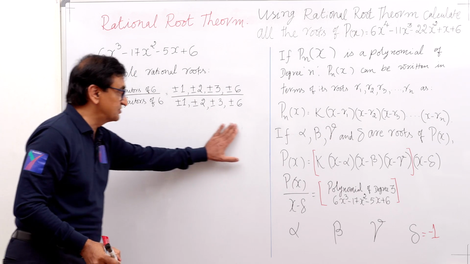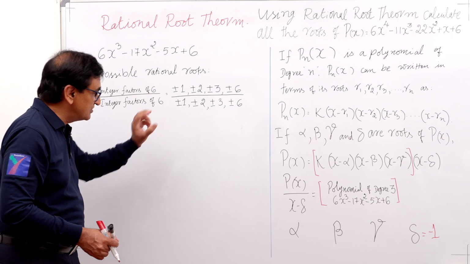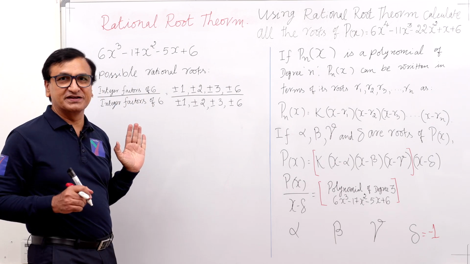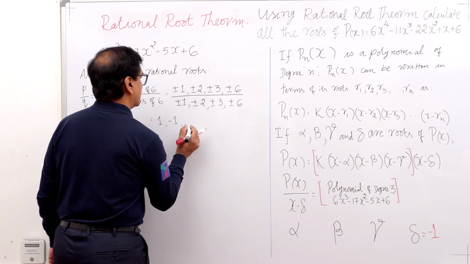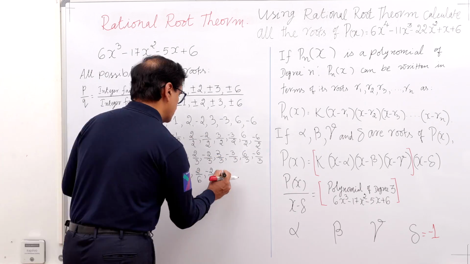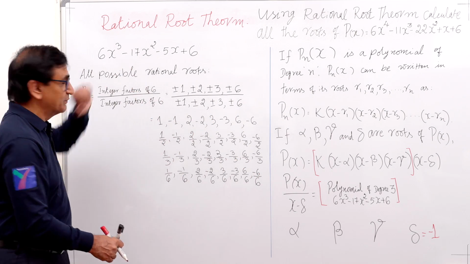Okay, now I'm going to list out all possible rational roots. Then we will reduce the p by q's to their lowest term and knock off all repeat numbers. Okay, so these are all the possible rational roots of our cubic polynomial.